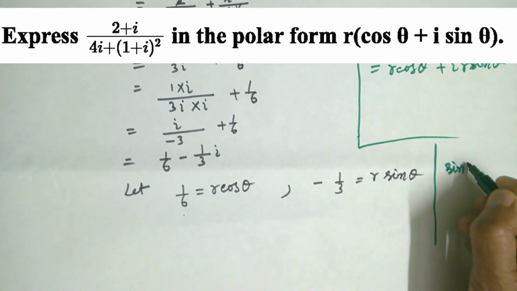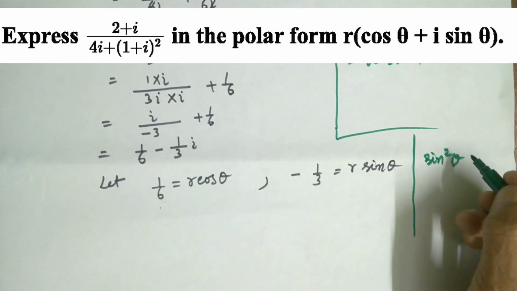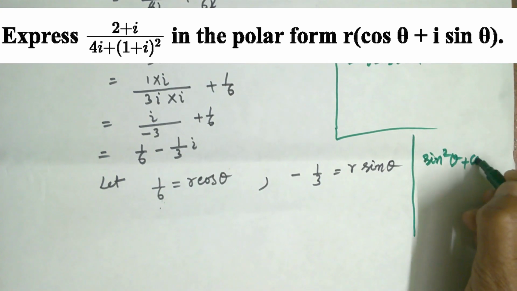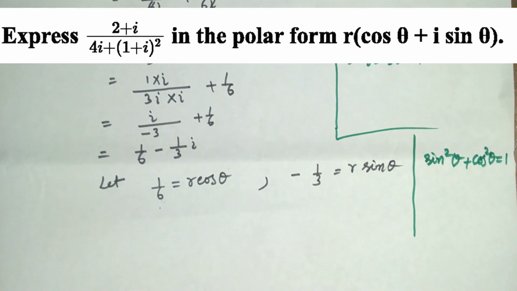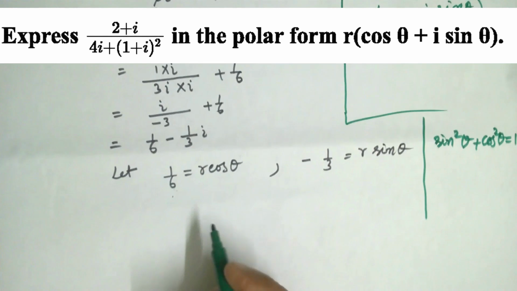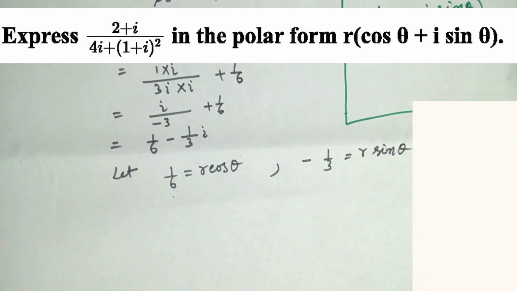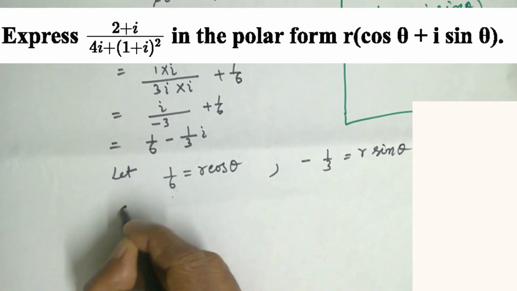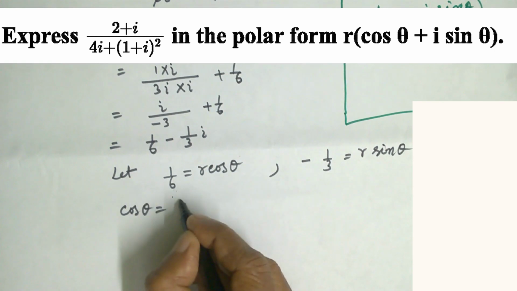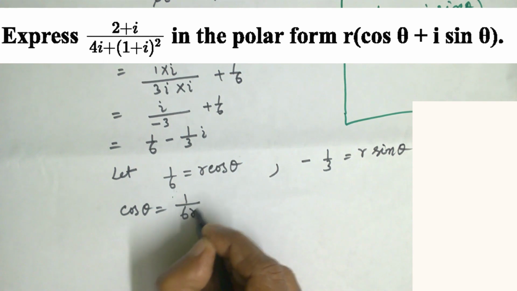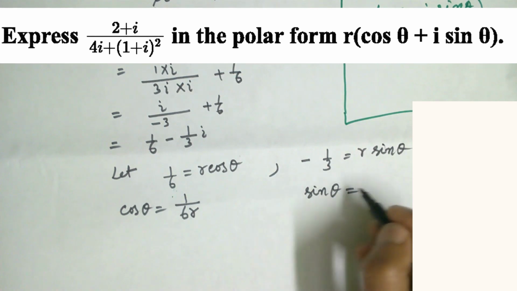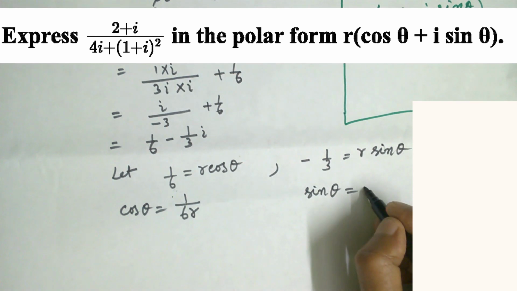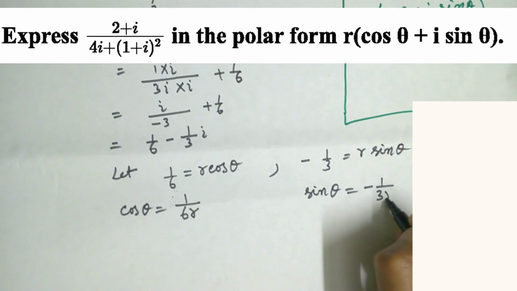So cos θ is equal to 1 by 6r, and sin θ is equal to minus 1 by 3r.